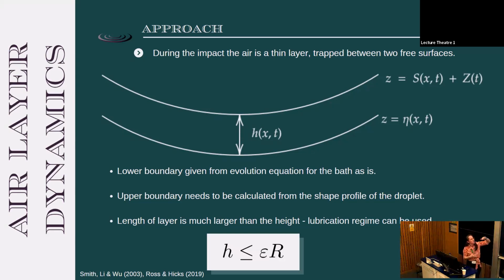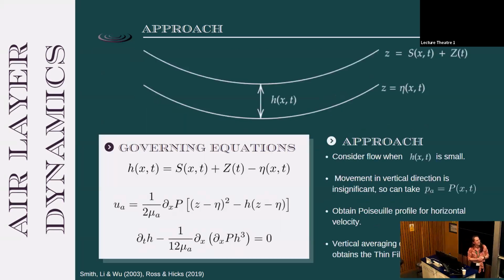So essentially we have the free surface of the sphere as an upper bound, the free surface of the bath as a lower bound, and this evolution of the air in the middle.